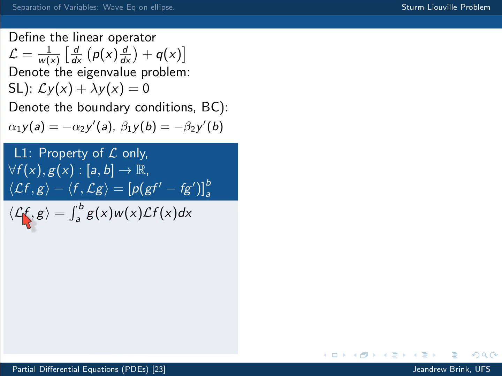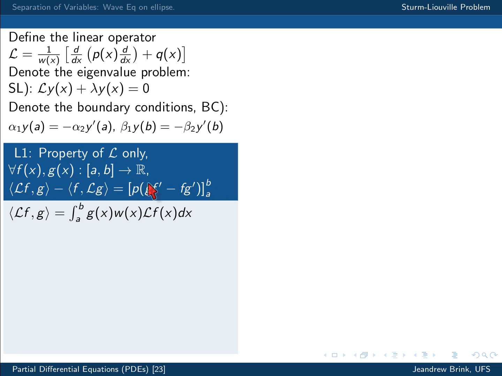In other words, the inner product of two functions is simply the integral over the interval of your weighting function multiplied by the two elements that you're taking the inner product of. Okay, so the first property is that the inner product of L applied to f with g, minus the inner product of f with L applied to g, simply equals a boundary term evaluated on the boundaries.